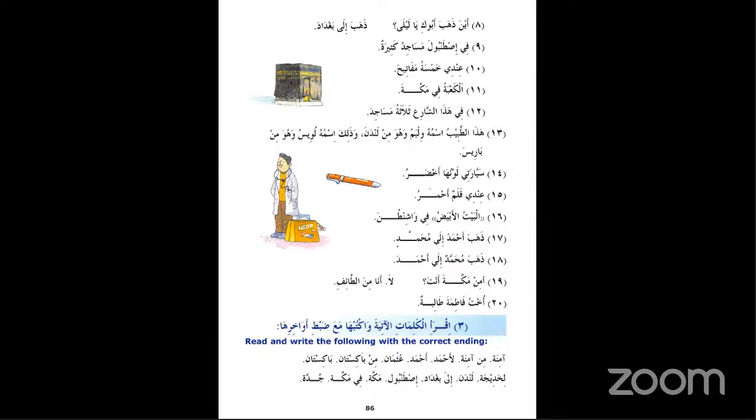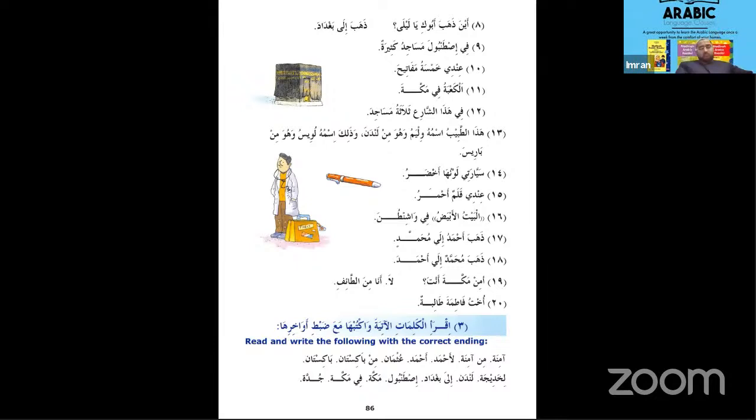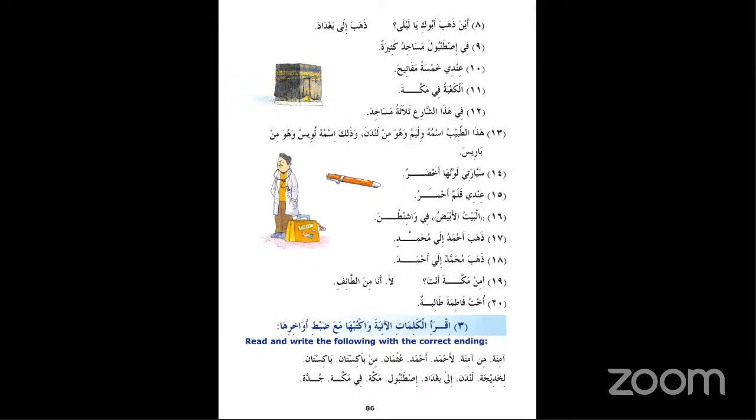Al-Ka'batu fi Makkah. The Kaaba is in Makkah, and Makkah is a diptote, so it has a fatha. Fi hadhihi ash-shari'i thalathatu masajidi.